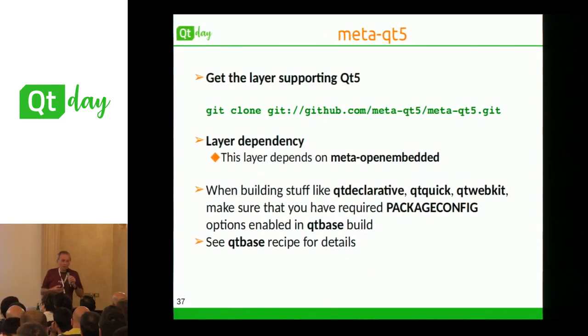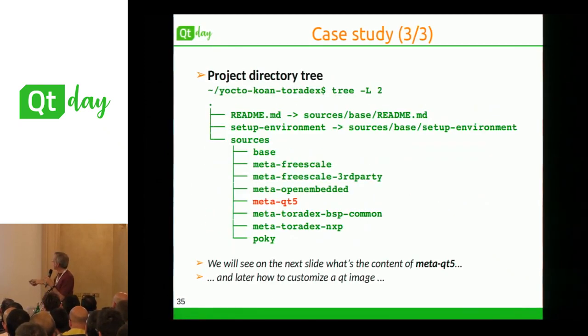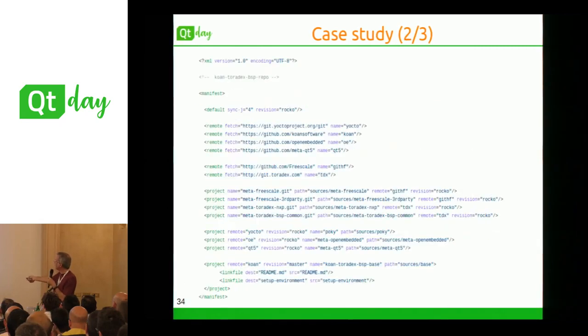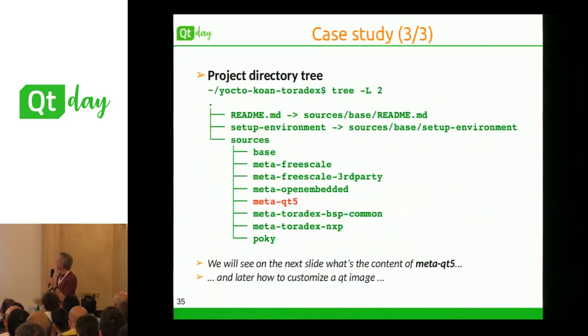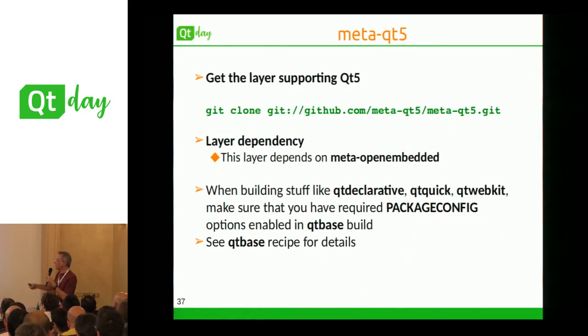Meta-qt5, how I downloaded it: using git clone meta-qt5.git or using the instructions in the previous slides. It depends if you want to use the mechanism I prepared on my GitHub website, like this, which gives you everything in one shot, or if you want to download every single component by hand, maybe more interesting from a learning point of view because you are more aware of what you are doing.